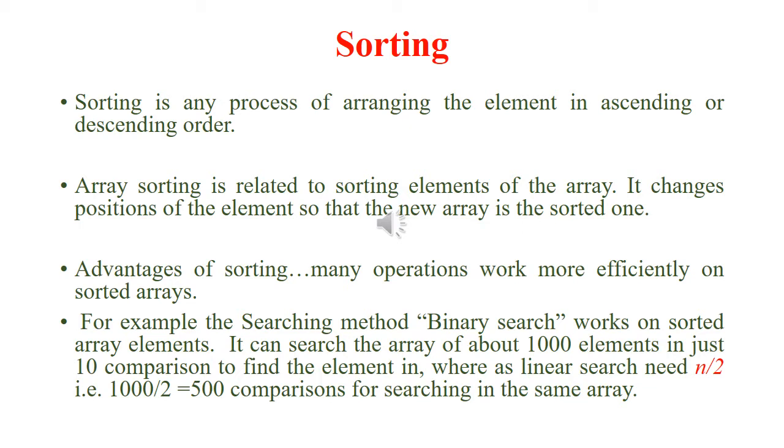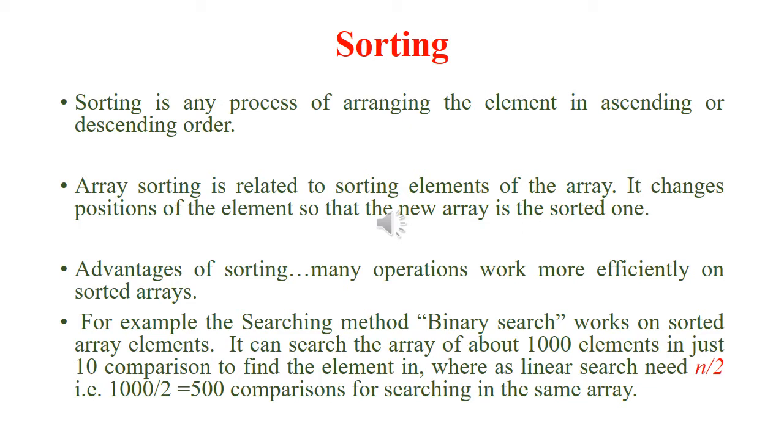If you give a sorted array to binary search, it can search an array of about 1000 elements in just 10 comparisons to find the element. So if you give a big array of 1000 elements and perform binary search on a sorted array, within 10 comparisons it will tell you whether the element is there in the list or not.